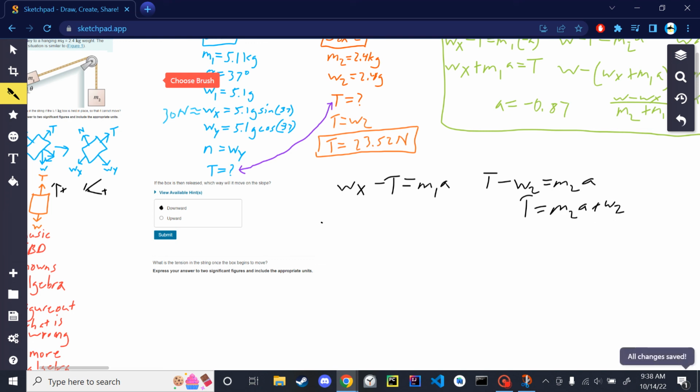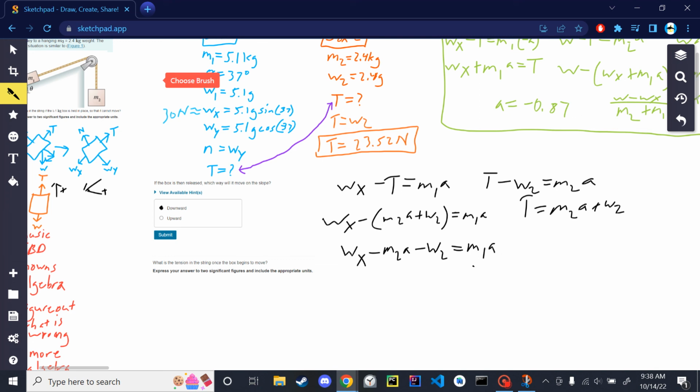Plug that in over here. Wx minus (M2A plus W2) equals M1A, which is some number. Wx minus M2A minus W2 is equal to M1A.